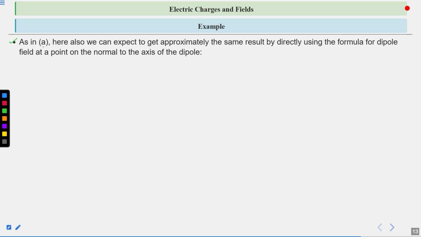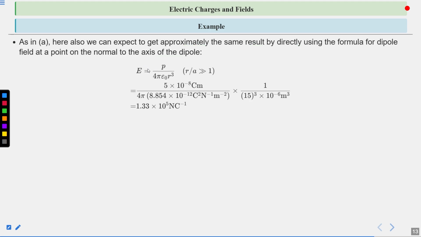As in the first case, here also we can expect to get approximately the same result by directly using the formula for the dipole field at a point on the normal to the axis of the dipole. So the condition is R by A is much greater than 1. The formula is P divided by 4 pi epsilon naught R cube. Now this is homework for you.